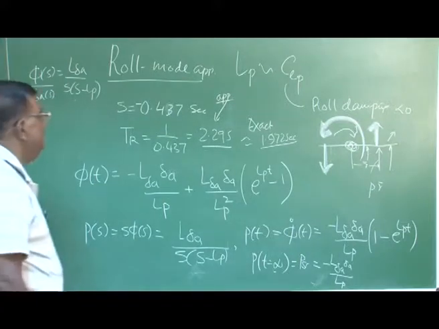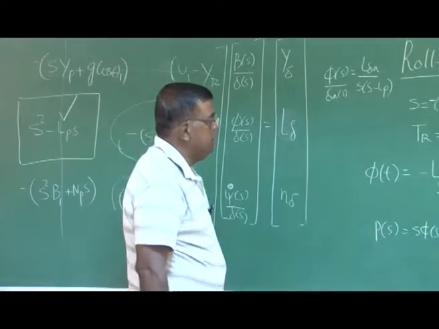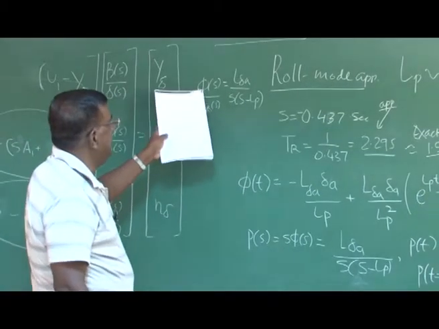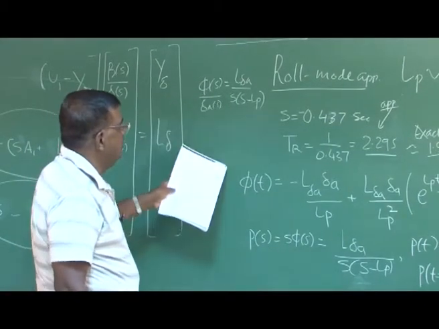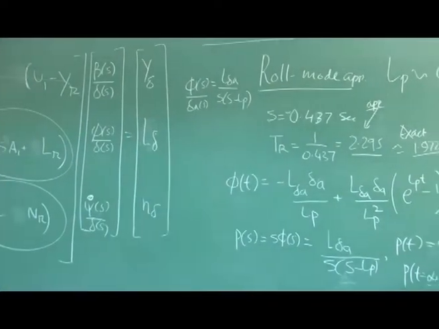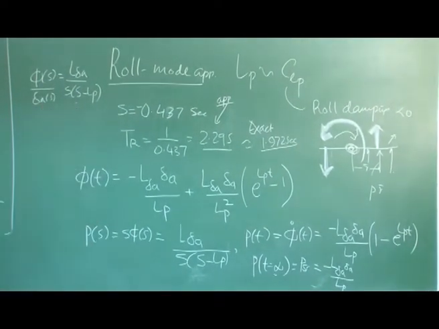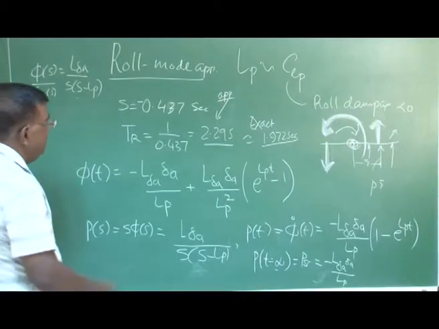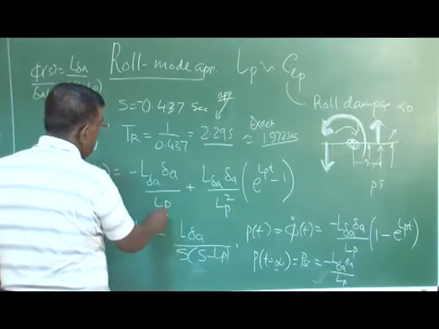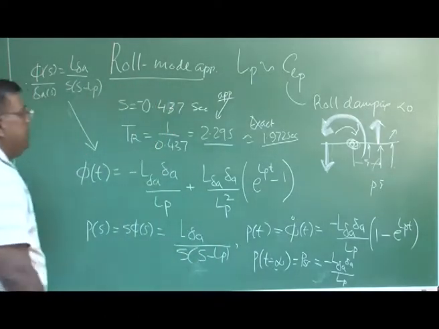Now the question is, if I want to know how this bank angle is developing, then this is my transfer function, phi of S by delta of S. I can always find the time history by using the partial fraction method, and you will find that phi of t equals minus L delta into delta by LP plus L delta into delta by LP square into e to the power LPT minus 1.